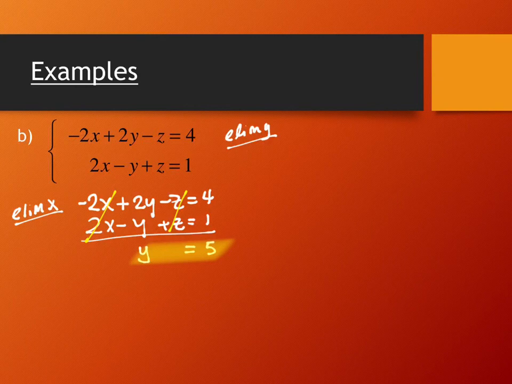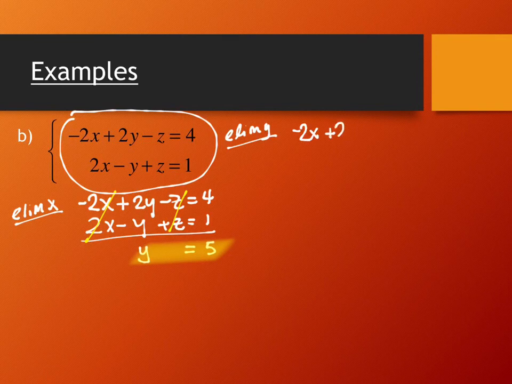Now I need to eliminate y. So let's come over here to eliminate my y. So what will I need to do with these two equations then to eliminate y? Right, multiply the bottom by 2. So the top one will stay the same, negative 2x plus 2y minus z equals 4. And I multiply the bottom equation, like you said, by 2.